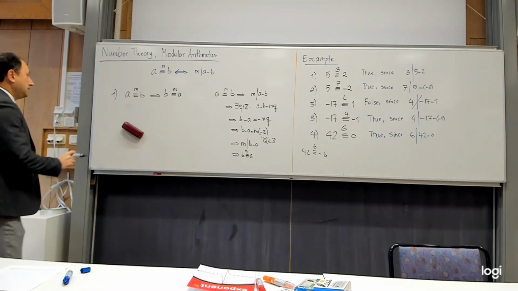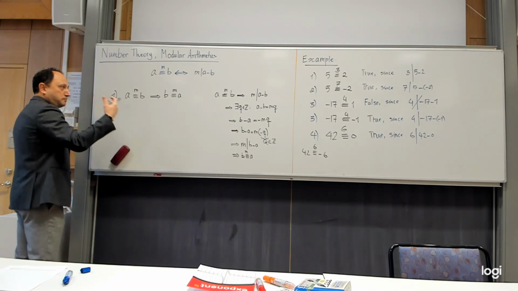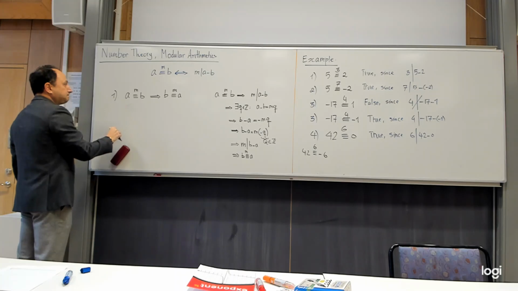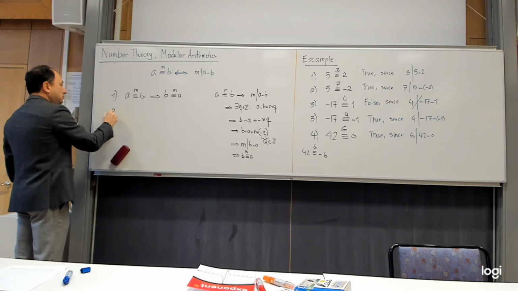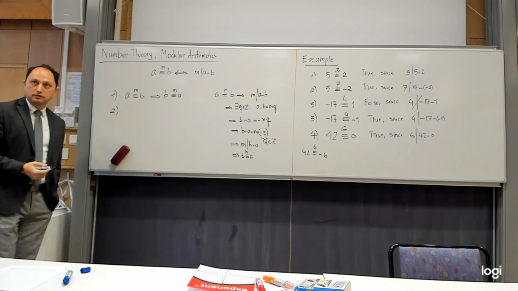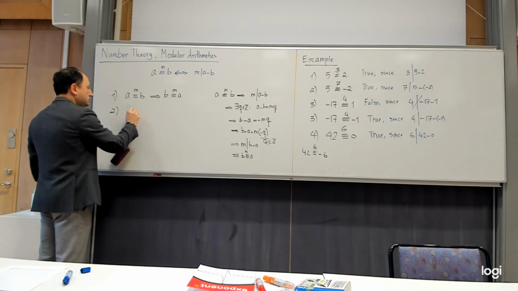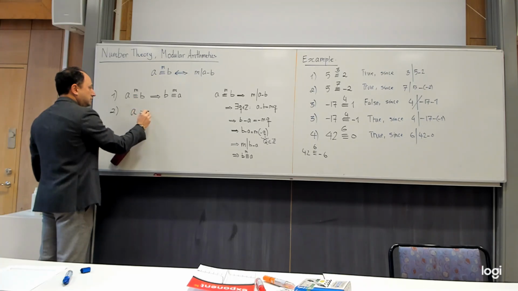Another very basic property of equality is that every number is equal to itself. Okay? Do you think that this is also true for this new relation?